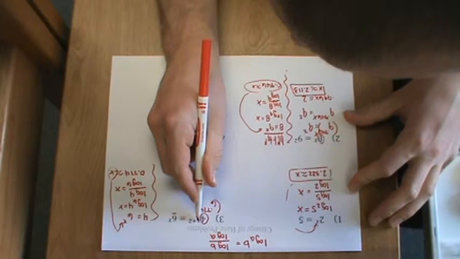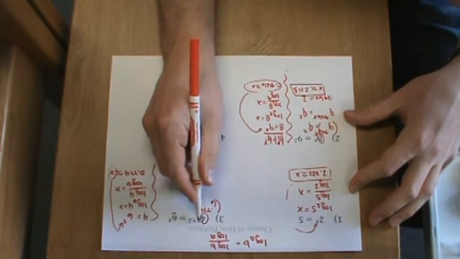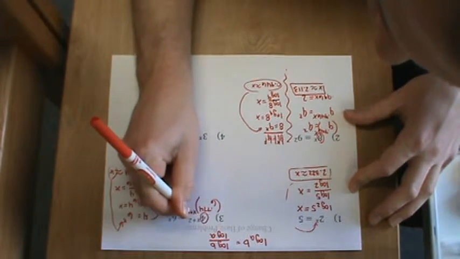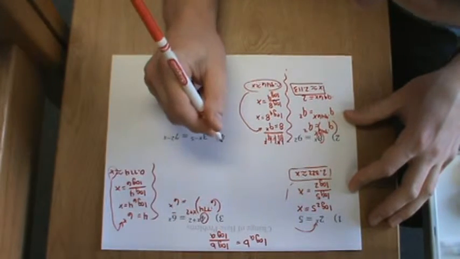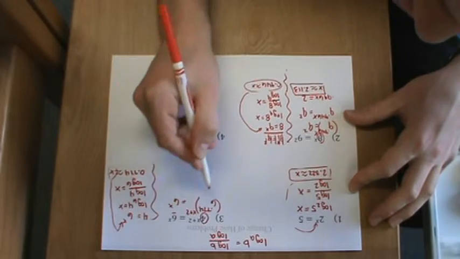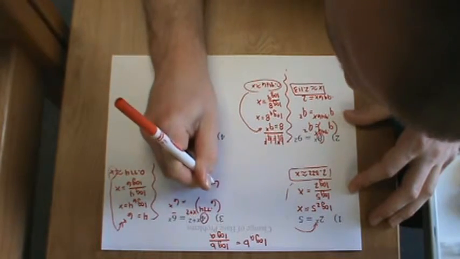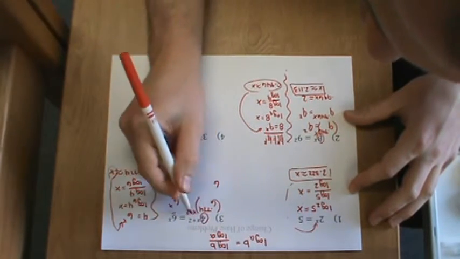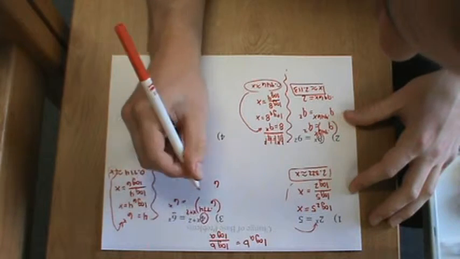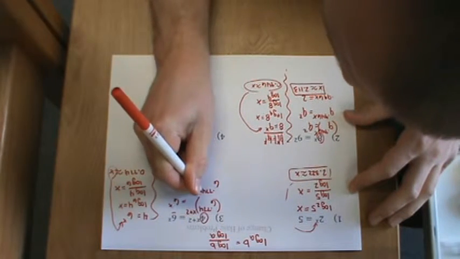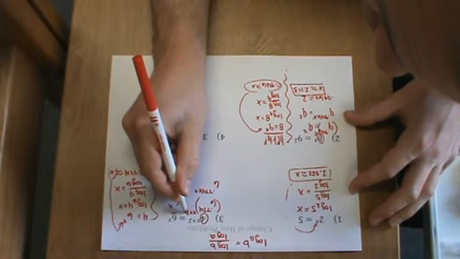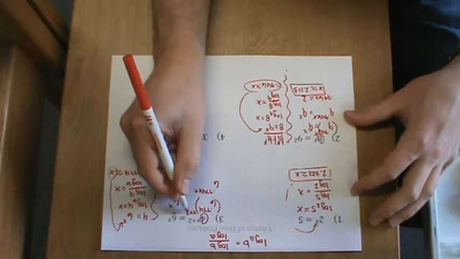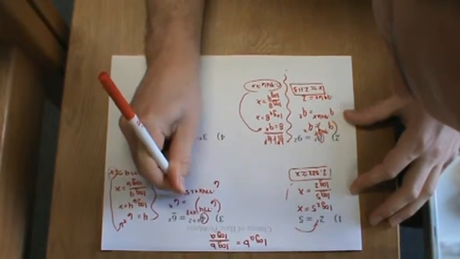But I still have 4 to the power x plus 2, and that's equal to 6x. So we have a power to a power, so that means I can multiply the exponents, so I'm going to have 0.774 times x plus 2, times 0.774, which is going to be 1.547.